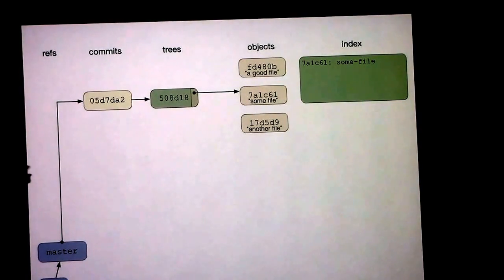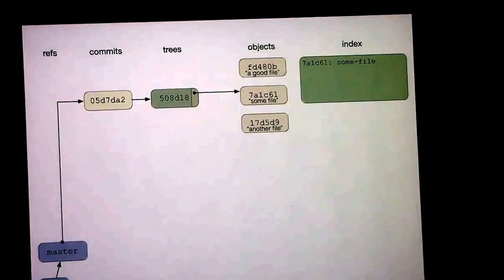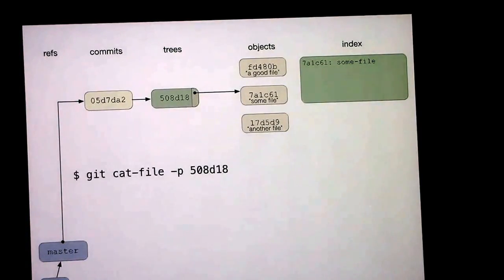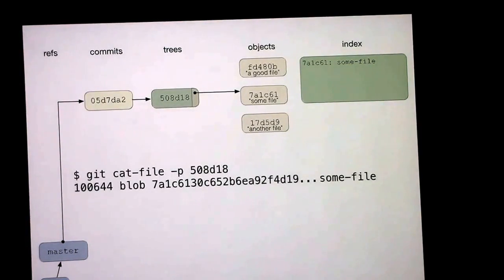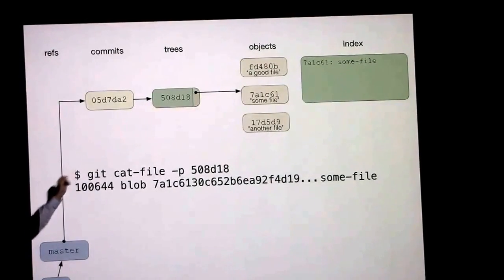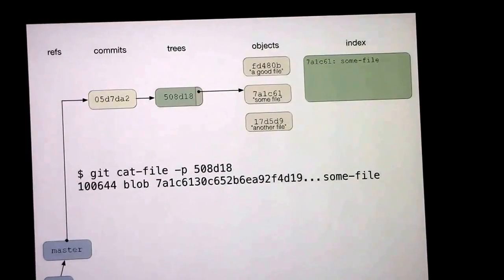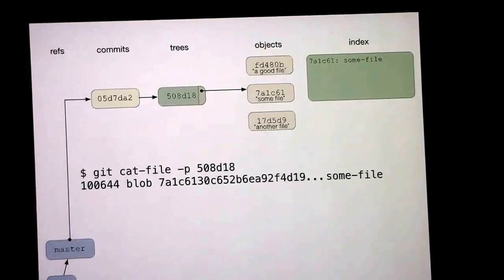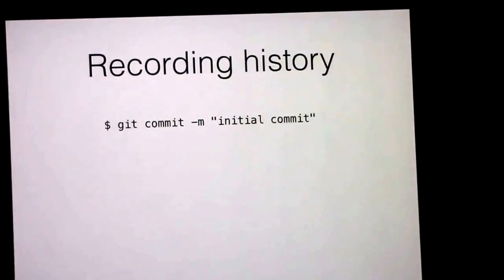The commit object points to the tree, and the branch file just has the ID of the latest commit in it. So if you cat the tree object, you'll see the index as it existed at the time of that commit.